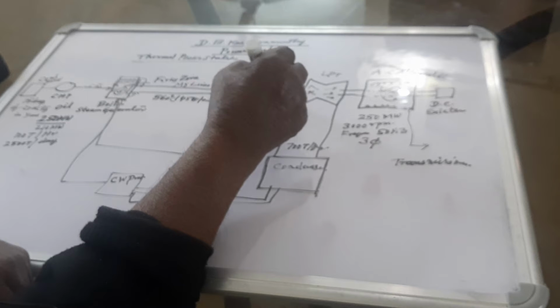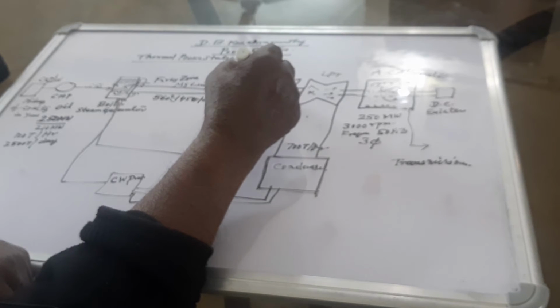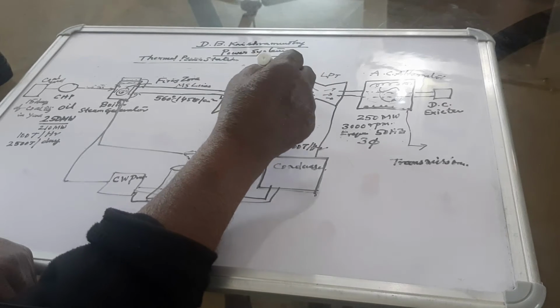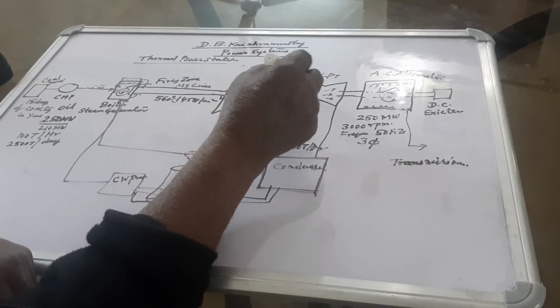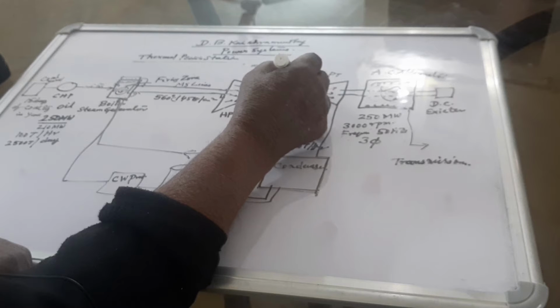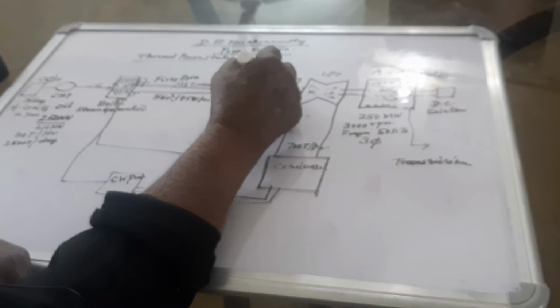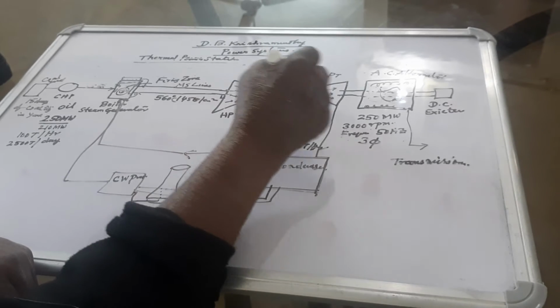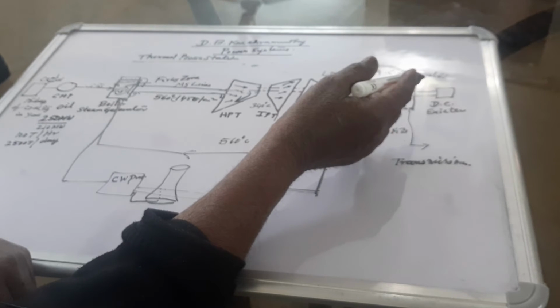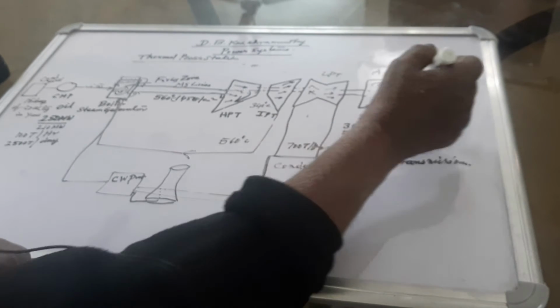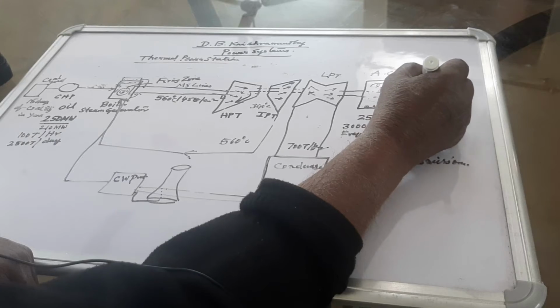This will rotate the LP turbine rotor, and all these rotors are connected with the bearings. So there will be 7 bearings in the rotor. The final bearing will be at the end of the generator.